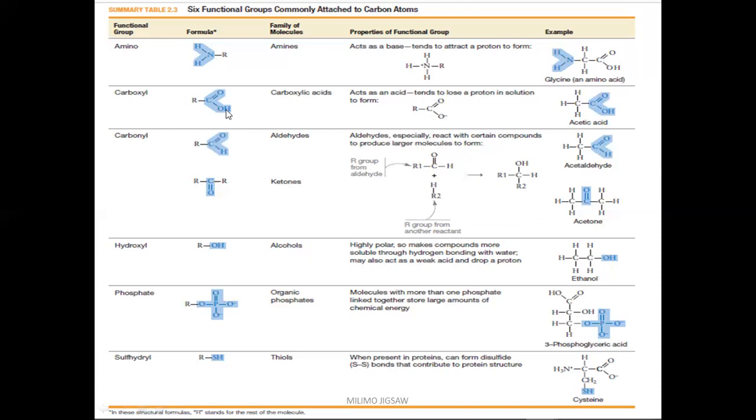Carboxyl groups are important as they can be found in molecules such as proteins and lipids. The other group that we have is an amino group, which is abbreviated as RNH2.